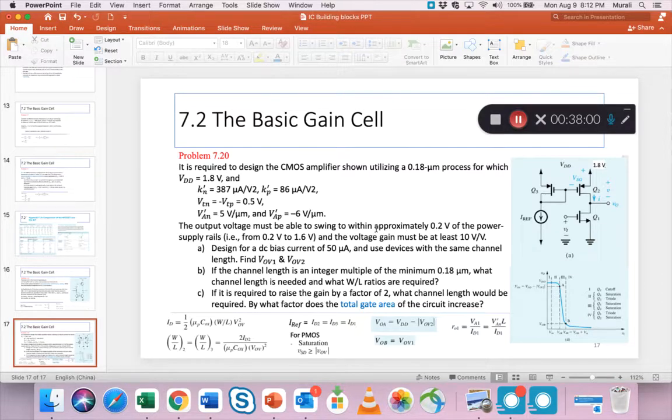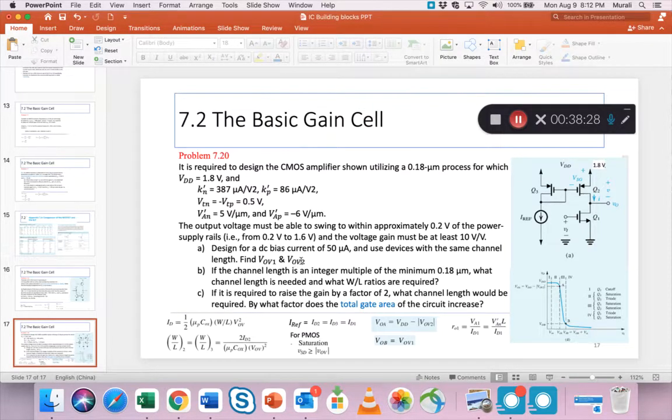So given that, we are asked to design for a DC bias current of 50 microamps. So this I will be equal to the I reference in this case, 50. And use devices with the same channel length, right? So L, keep it the same.